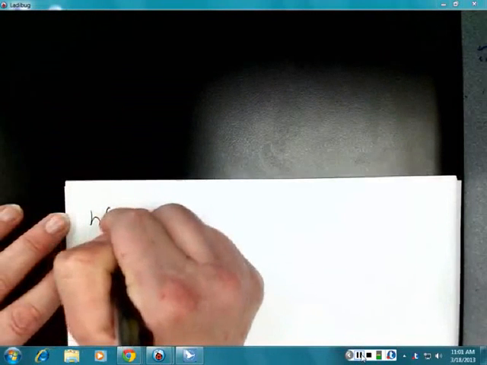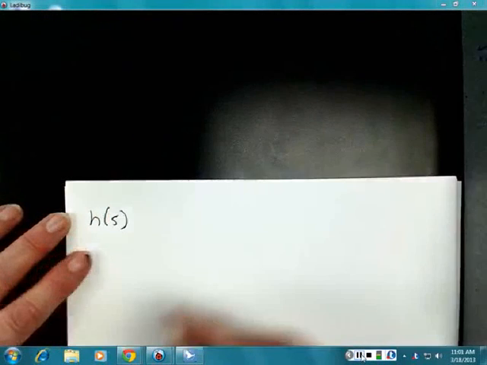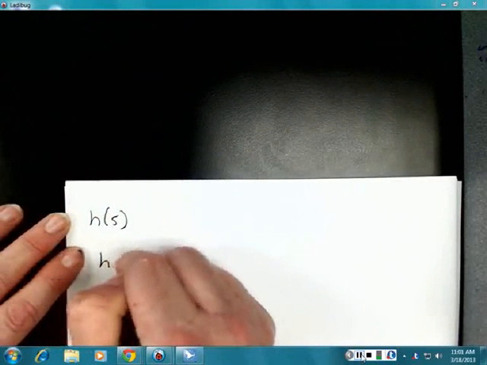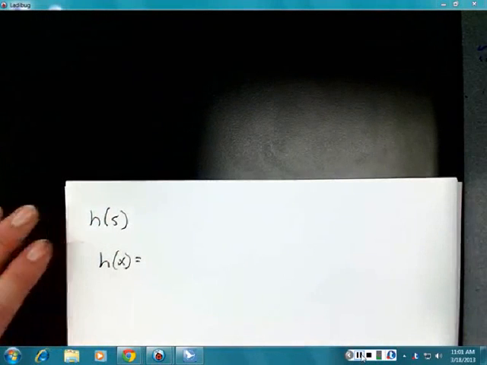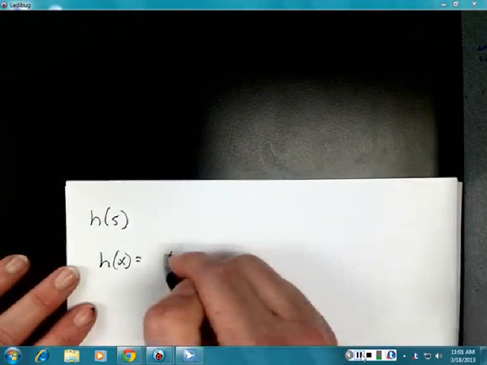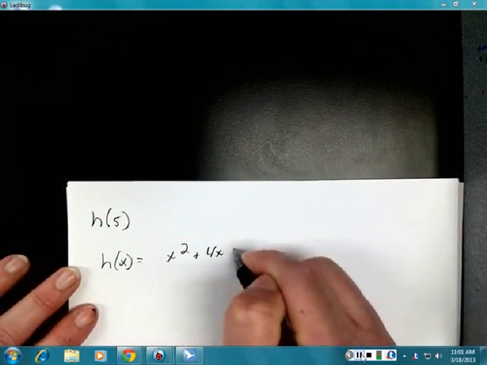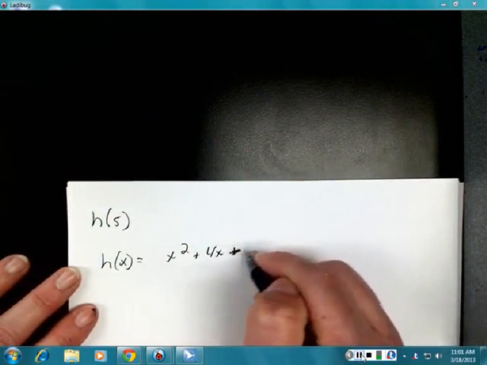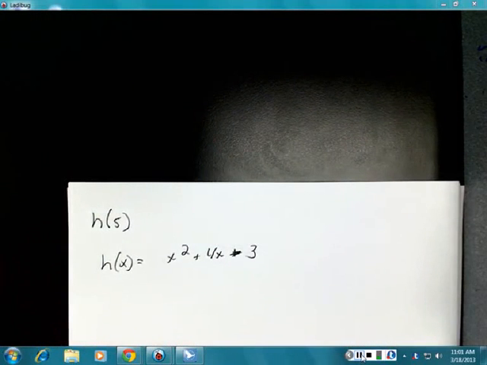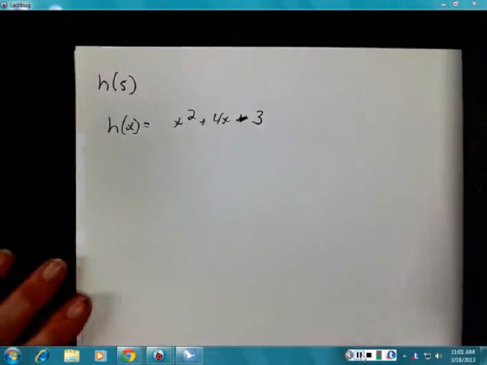So we've got a little bit left of 9.5 to go, and that is where they give you a function and ask you to plug in a value for it. Such as if they gave you h of 5, and h of x is equal to x squared plus 4x minus 3.